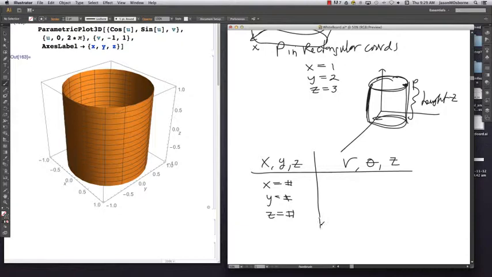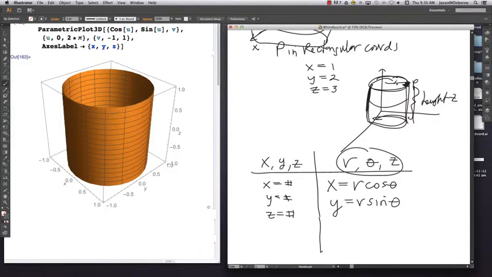But we can see here from the parametric description that in cylindrical coordinates r, theta, and z, the x has a different description. If you want to describe this point P in terms of the radius variable, the angle variable, and the height variable, you need to use the functions x equals r cosine theta, y equals r sine theta. This is acknowledging that this point P could be at any radius. And then the z variable is just z.